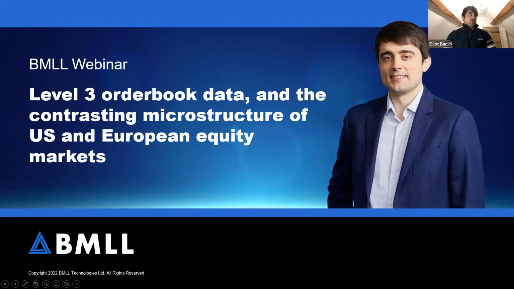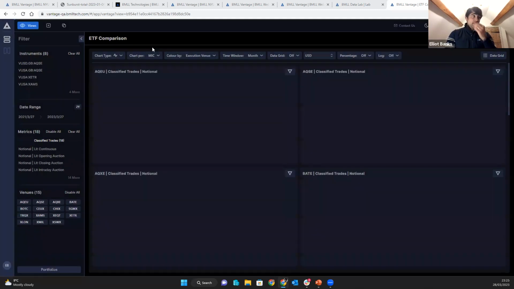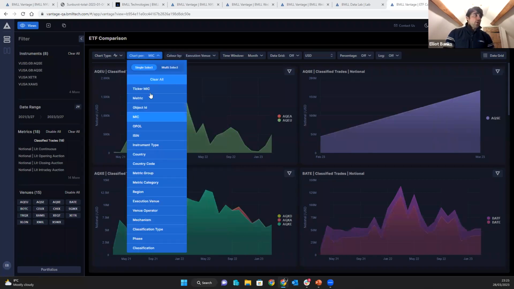And I'm just going to get up one of those examples just to show you, and it's just touching on the subject of ETFs, which are a complicated product in their own right, and there's lots of interesting studies on this. But here I've pulled up an ETF, and I'm going to show a single metric here.